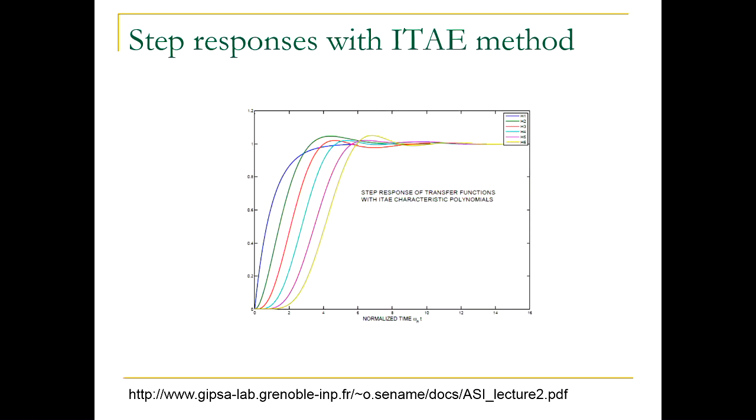So it takes longer to settle and converge to the desired reference. But again, depending on your application, you would look at this figure and say, okay, well, this response looks good to me, and it's acceptable in my case, and then you pick that polynomial, and then you try to design a controller that enforces these closed loop poles, right? So again, this is just another rule of thumb method.